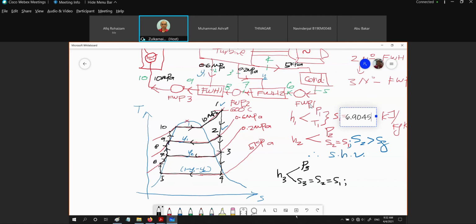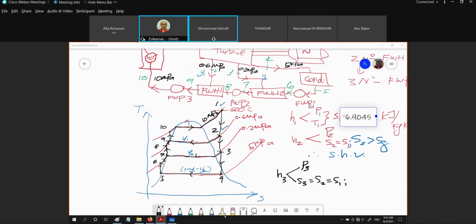Which is equal to 6.9045. But now we have to refer to 0.2 megapascal. SG is 7.1270, correct? Correct, sir.